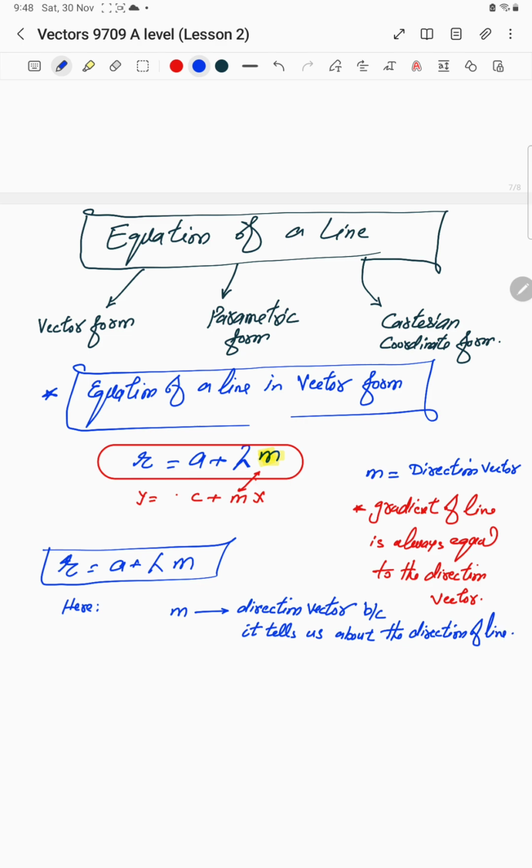That's why we call this the direction vector. I hope it is clear, you are getting it.